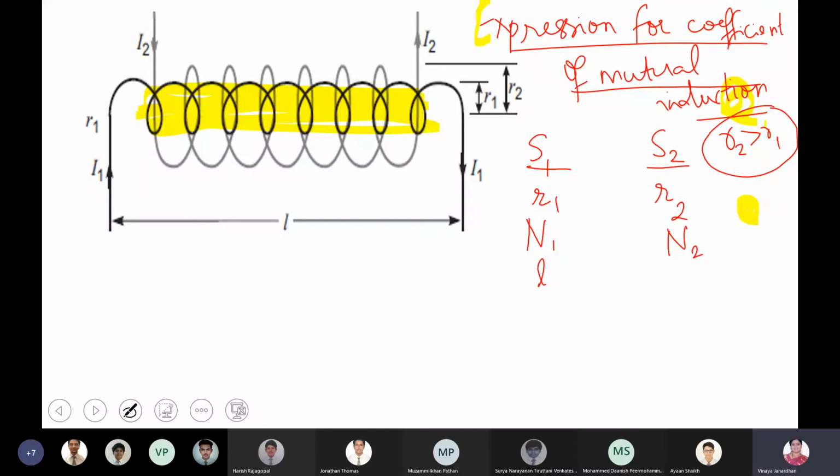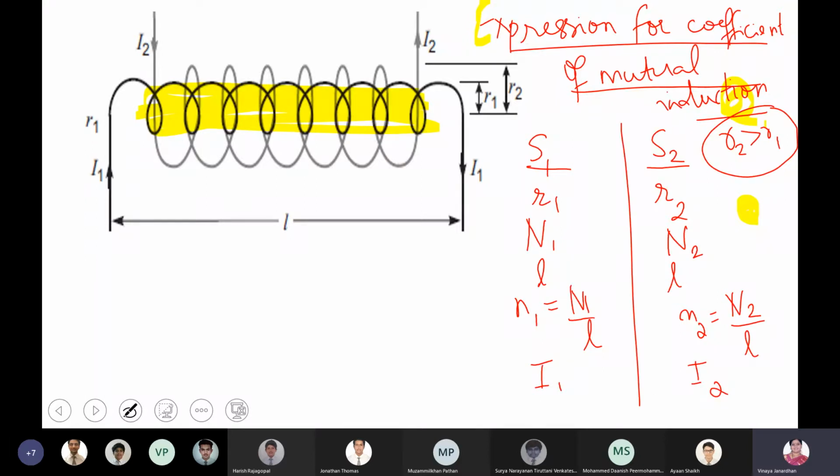Then the lengths of the coils are the same. Then the number of turns per unit length of the primary coil will be equal to N1 by L. The number of turns per unit length of the secondary coil is N2 by L. So S1 is carrying a current of I1, S2 is carrying a current of I2.